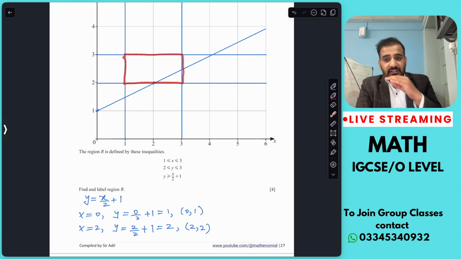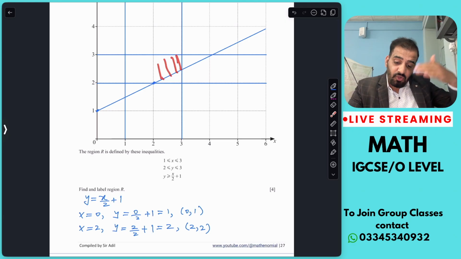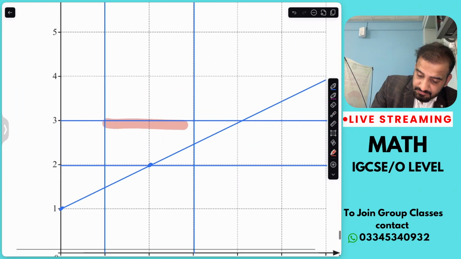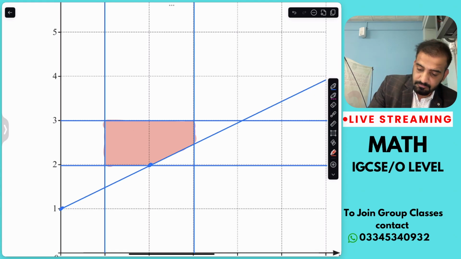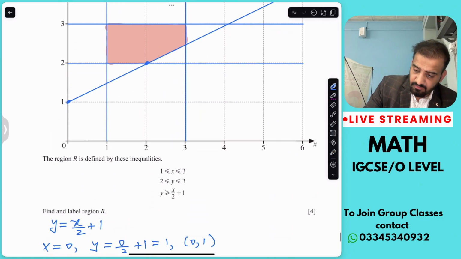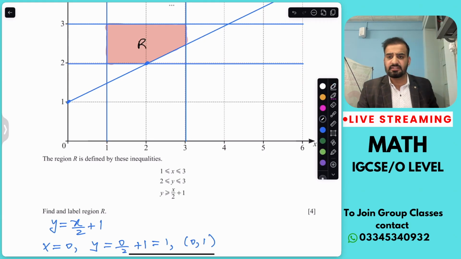But if I combine the first two inequality shadings with my third inequality, which is saying above this line, only this portion you are going to shade. Find and label R, region R. That's it.